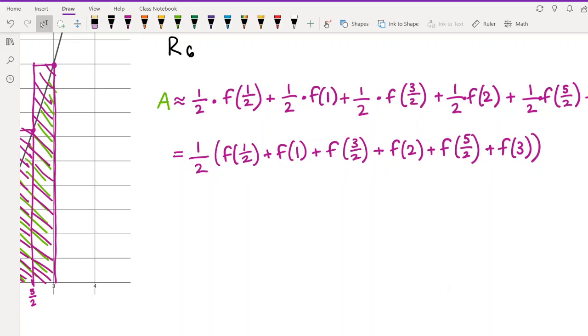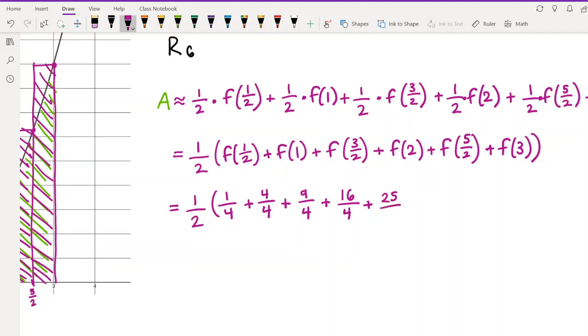Okay, so what do you get when you actually plug those numbers in? So you get 1/2 times, so f of 1/2 is 1/4. F of 1 is 1, which I'll write as 4/4. F of 3/2 is 9/4. F of 2 is 4, which is 16/4. So again, we're just plugging them into the function x squared. Now we're on f of 5/2, which is 25/4.